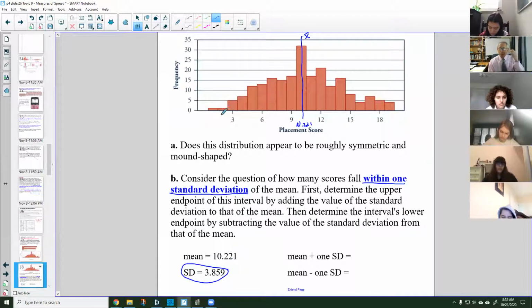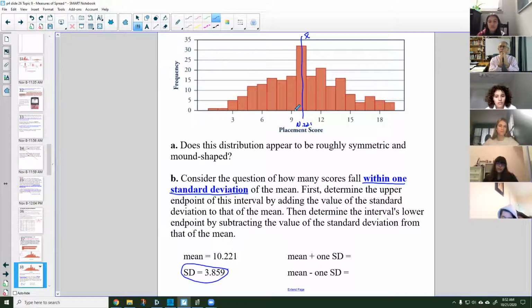So we know that some of the data over here is, well, if my mean is 10.221 and somebody got a 1, that's clearly more than one standard deviation away from the mean. Way up here, somebody got a 19. That is more than one standard deviation from the mean. Over here, somebody got an 11 and somebody got a 9. Those are less than one standard deviation from the mean.